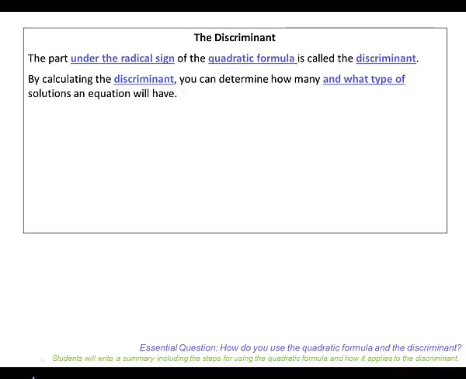Okay, so the discriminant is the part under the radical sign. So basically it's the b squared minus 4ac. So there's nothing else to memorize. You already know it, okay?